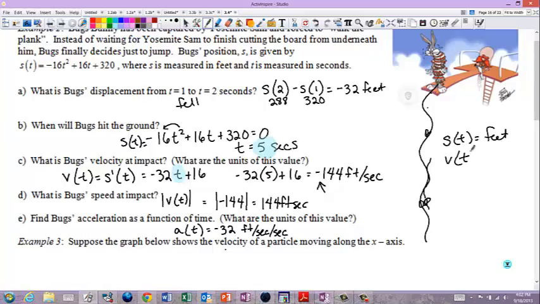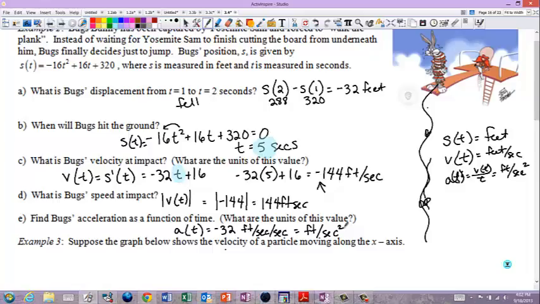Velocity is the change in feet over the change in time, so it's feet per second. The acceleration is the change in velocity with respect to time, so it's feet per second squared, if you take physics. So you can say feet per second squared.